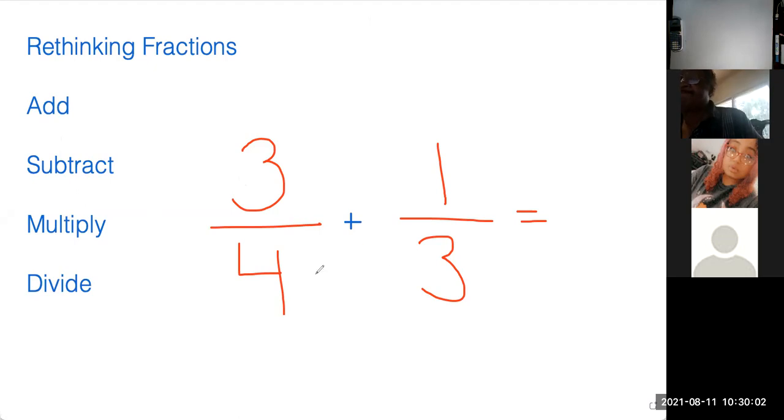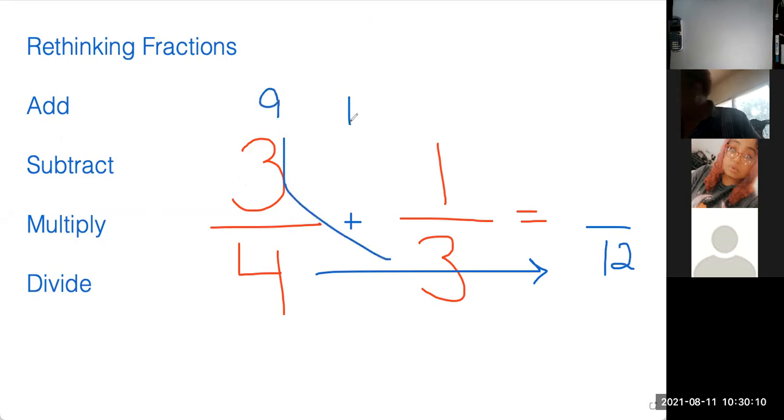If we were adding, we'd get 13/12, which we would reduce to 1 and 1/12.